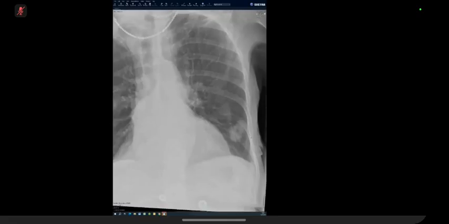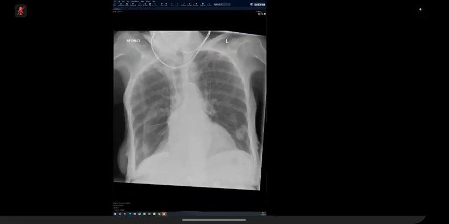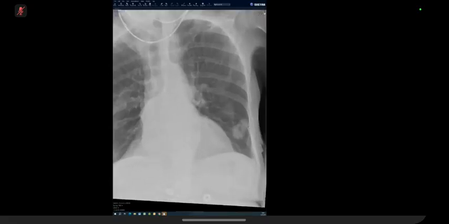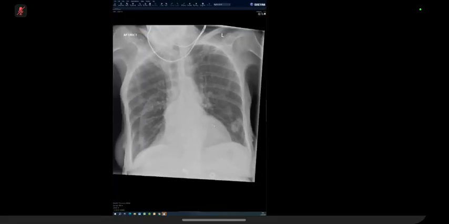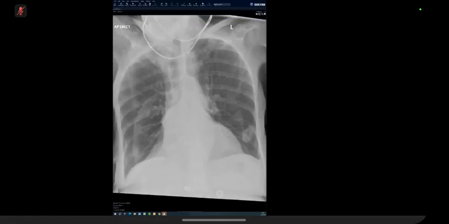Mm-hmm. So it's outside the lung. So it's pleural based. Where else could it be? If it's not in the lung or the pleura? Subcutaneous. Okay.